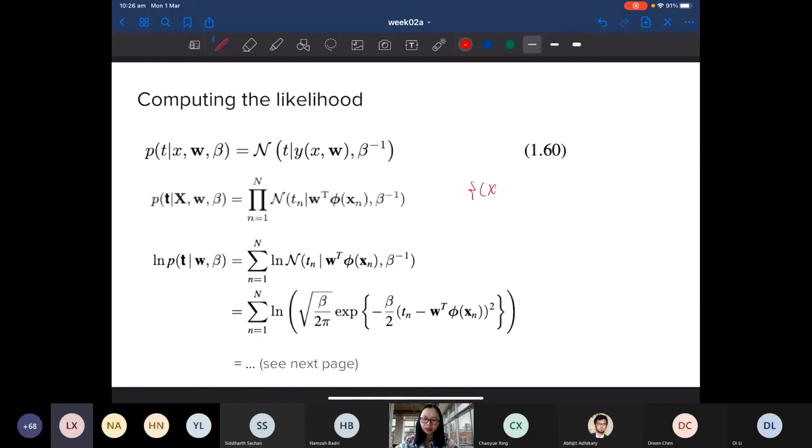Essentially, we have xi and ti, xi as vectors, ti are scalars, i goes from 1 to n. We will have this expression in the middle. Because the xi's and ti's are assumed to be independent of each other, i.i.d., then the probability of observing the whole vector is simply a product of the individual probabilities.